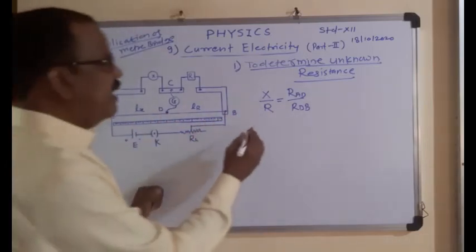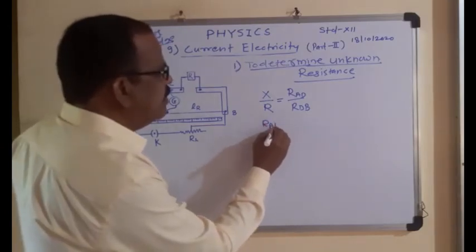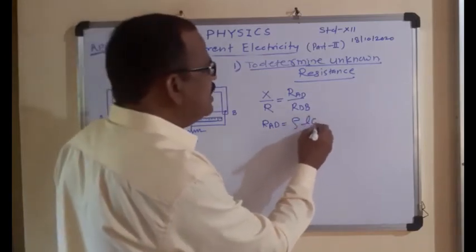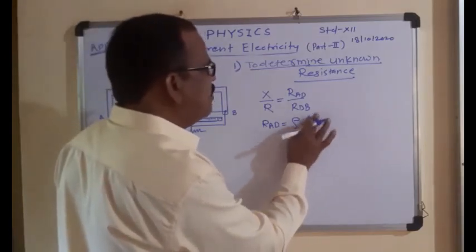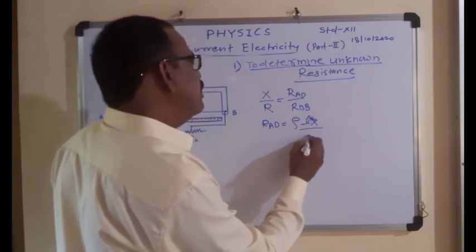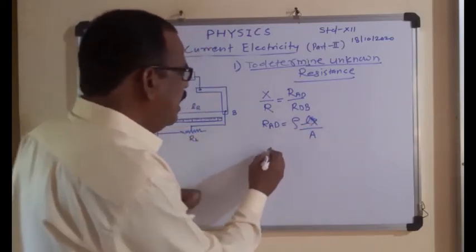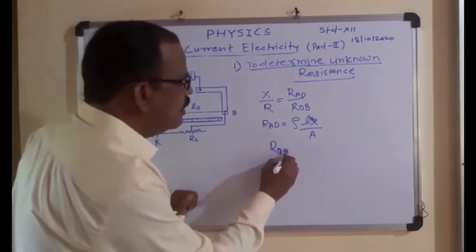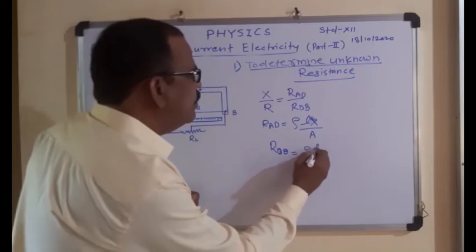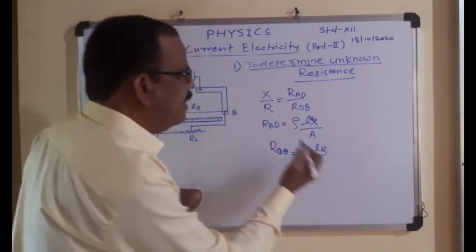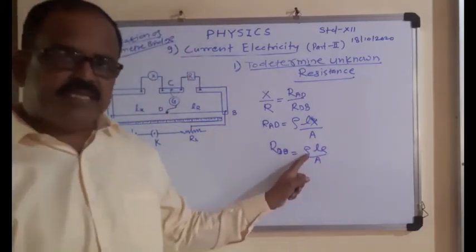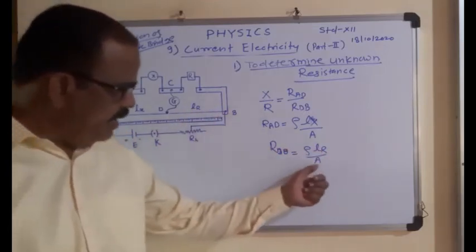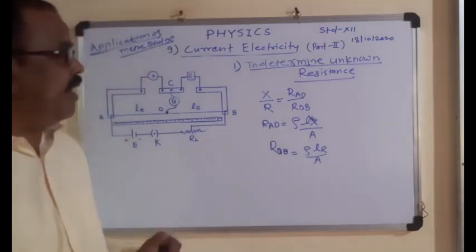Then resistance RAD is equal to rho into Lx divided by A, and RDB is equal to rho into Lr divided by A, where rho is the specific resistance, Lr is the length of wire between the points D and B, and A is the area of cross section of the wire.